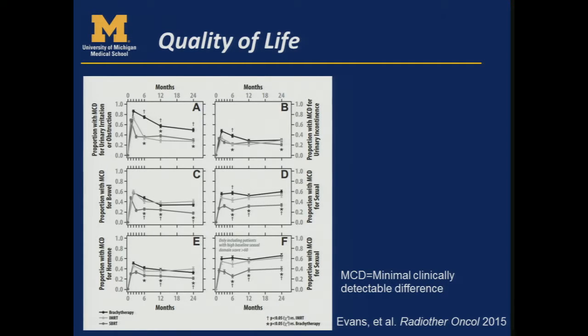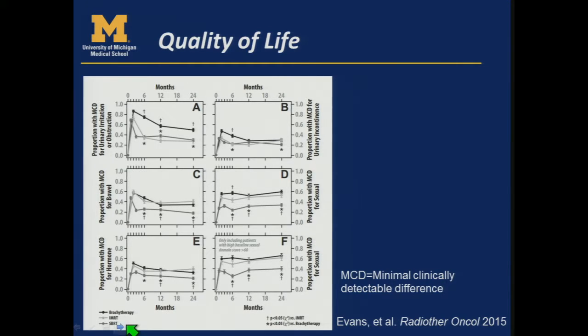The hottest data is on quality of life, though, and in this recent paper looking at a large multi-institutional database of fractionated radiation, brachytherapy, and SBRT, they were able to compare different quality of life metrics: urinary irritation, bowel, patients on hormone, patients with urinary incontinence, sexual function, that sort of thing.